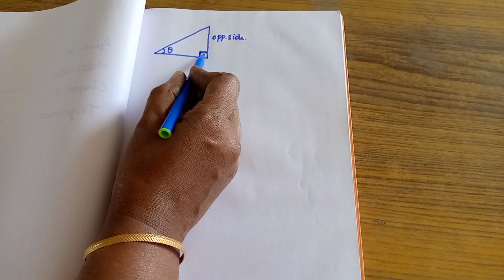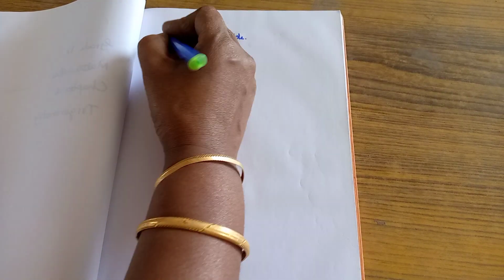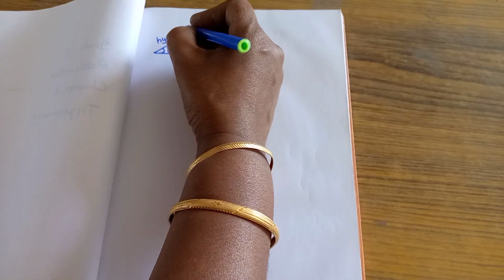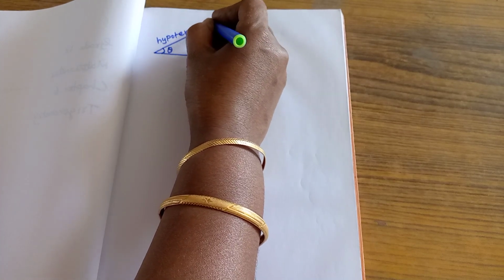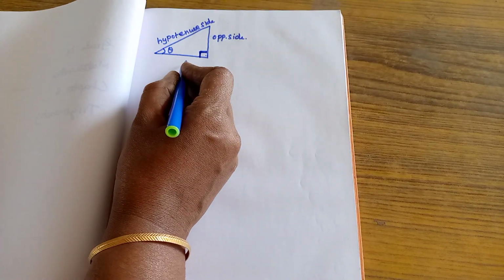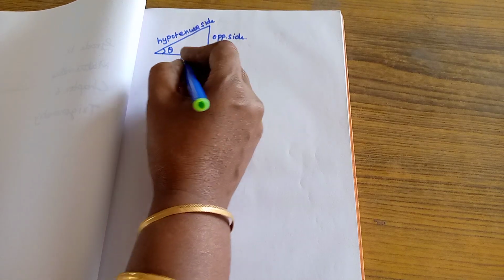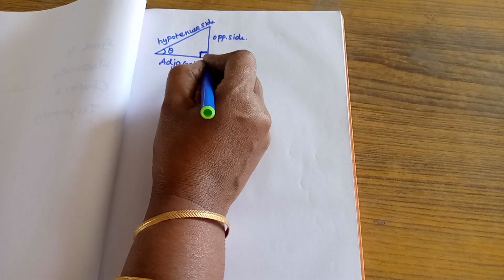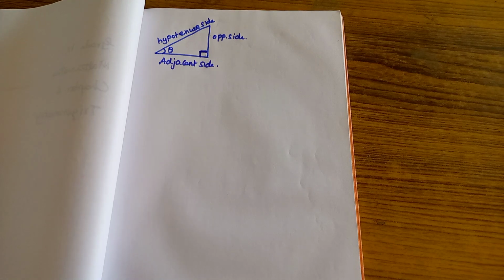Opposite of this 90 degree is known as the hypotenuse side. One more side is there, nearest to 90 degree or nearest to theta, that is the adjacent side. First we should know to identify the sides.